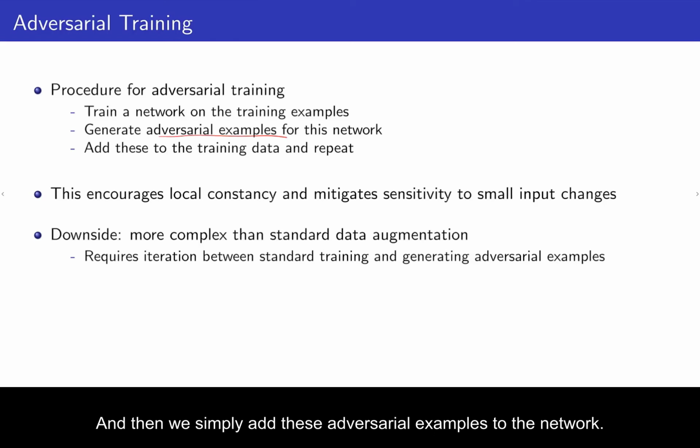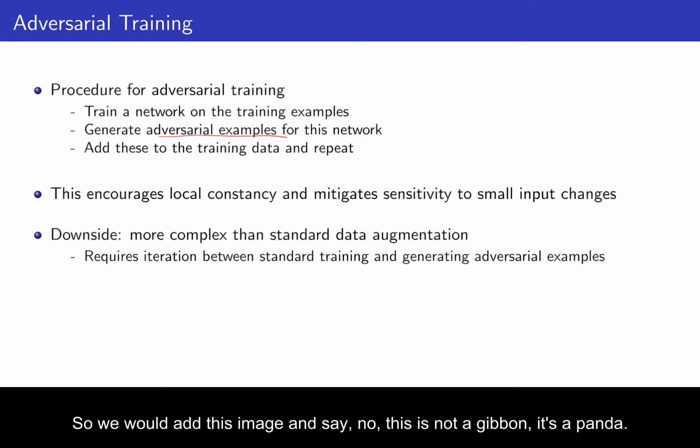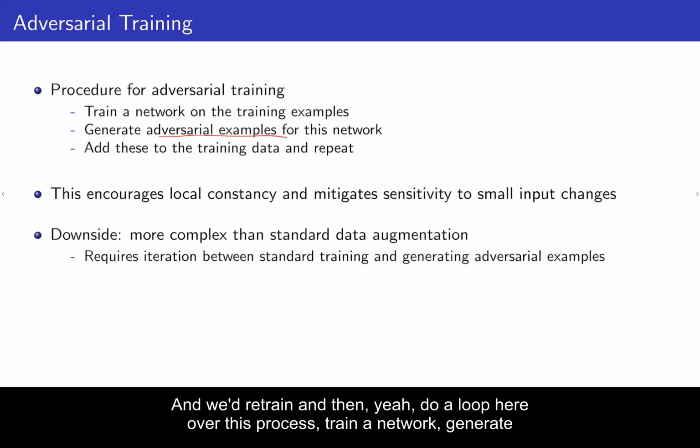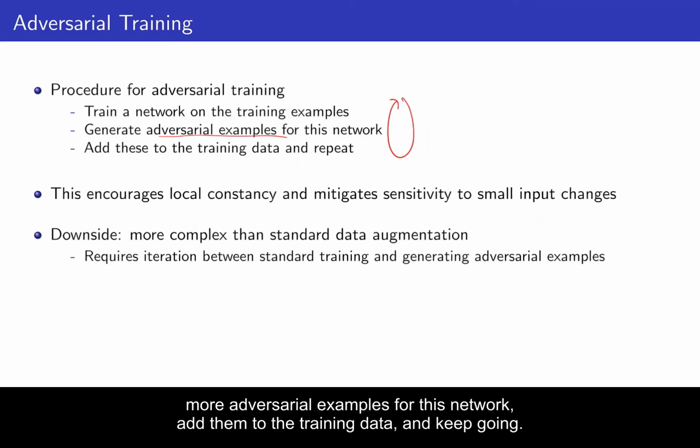And then we simply add these adversarial examples to the training data. So we would add this image and say, no, this is not a gibbon, it's a panda. And we'd retrain and then loop over this process: train a network, generate more adversarial examples for this network, add them to the training data, and keep going.